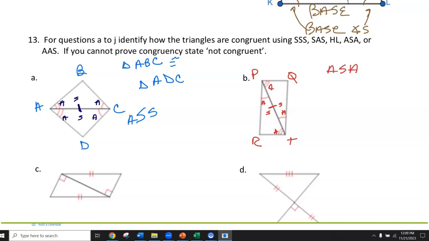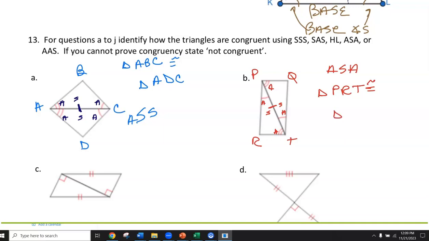Now I'm going to do my statement again. My first triangle is going to be P or T. Since I don't have any sides marked, I'm going to go by the angles. So I have a single to the R, not marked, to the double. I'm going to do the same thing for the other triangle.